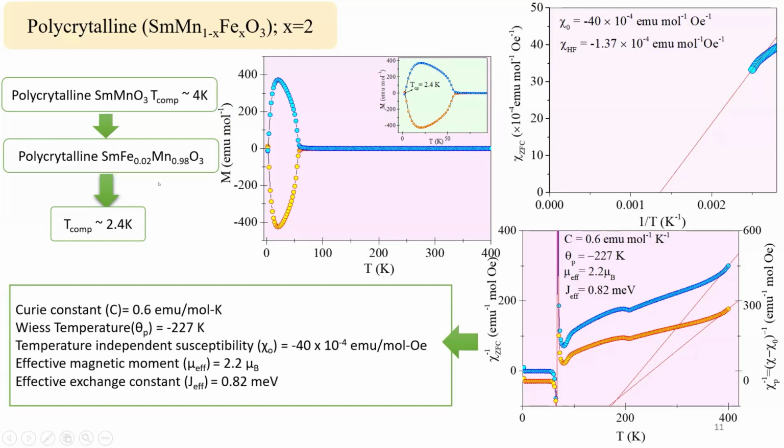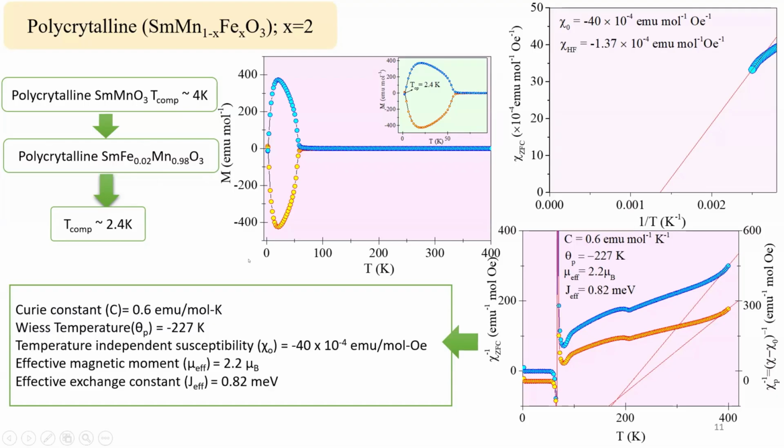As we see in our previous sample, pristine SmMnO3 has a compensation temperature of 4 Kelvin. After doping of Fe 2%, we get 2.4 Kelvin compensation temperature. So we can say we can tune the compensation temperature by doping Fe.